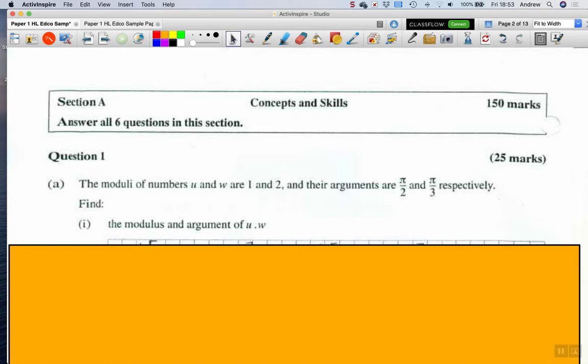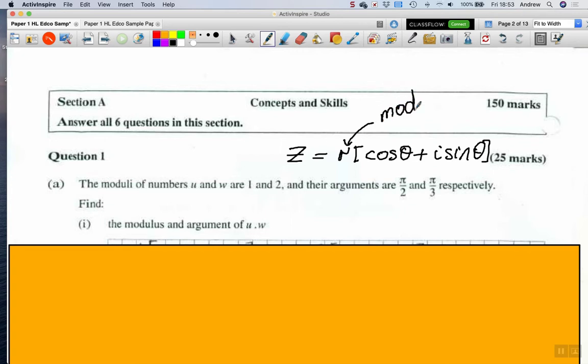Modulus argument form is that for a complex number z, we're using the form r open bracket cos theta plus i sine theta. So that's what we're using. Now r is known as the modulus, and theta is known as the argument.